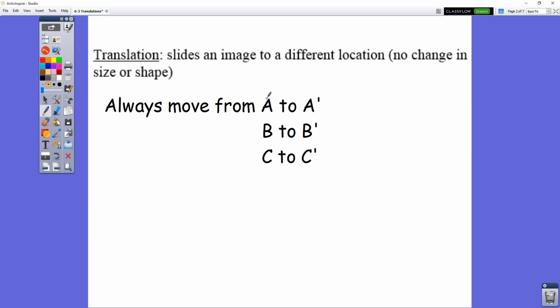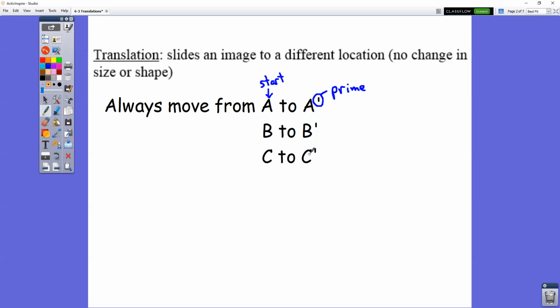What you have to remember is you're always going to move from the original letter to the same letter prime. Remember that this little symbol is the prime symbol. We don't say apostrophe, all right? Your original letter is always where you start, and you move to the one with the prime symbol.